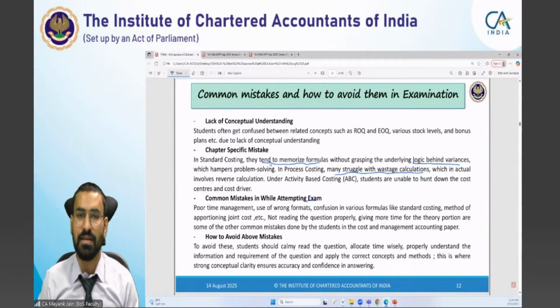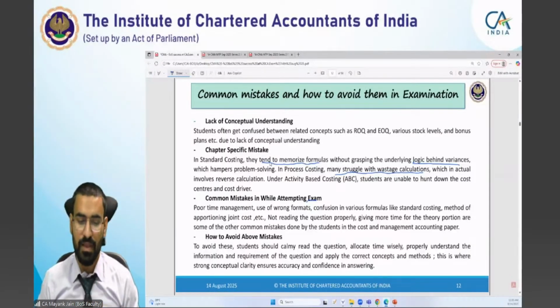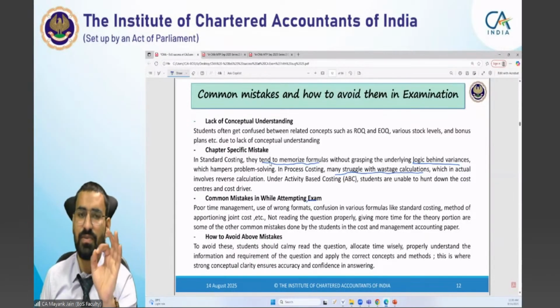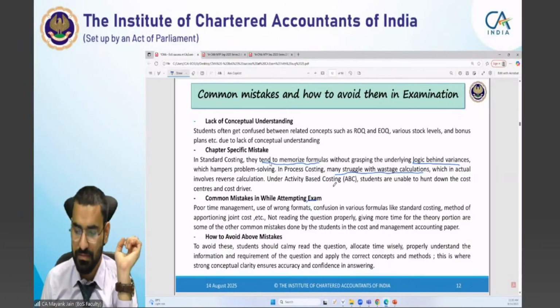Just take their name and take a long breath, then start writing. It will boost your confidence, it will remove your pressure, and you are able to attend each and every question very confidently. So, in this way, you can avoid your mistakes in the examination.